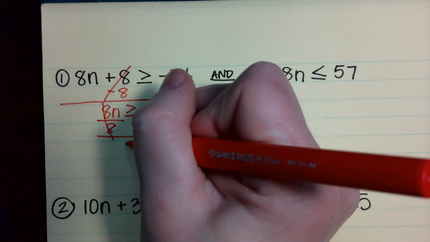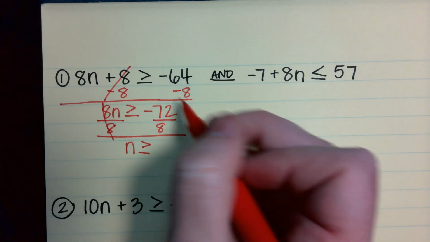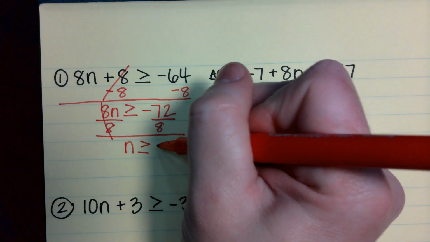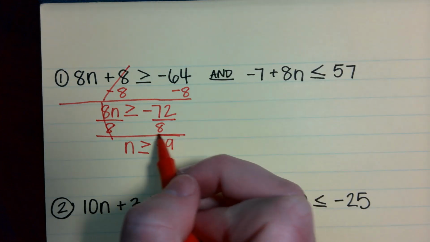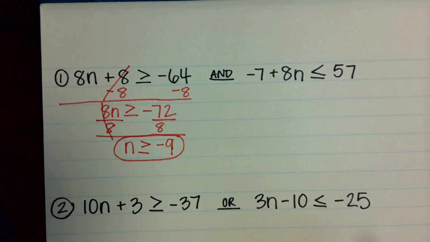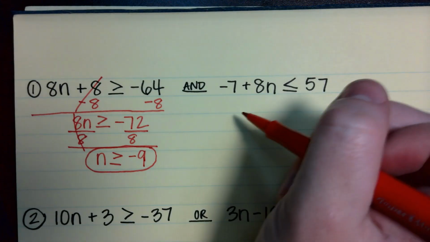And I'm going to get n is greater than or equal to negative 72 divided by 8. What is that? Negative 9. Good. Did everybody get that so far? Awesome. Okay, let's do the second half. What should I do first here?